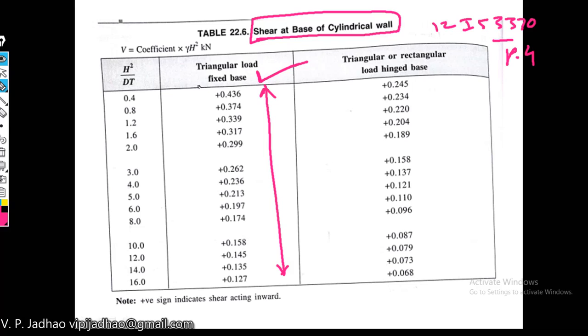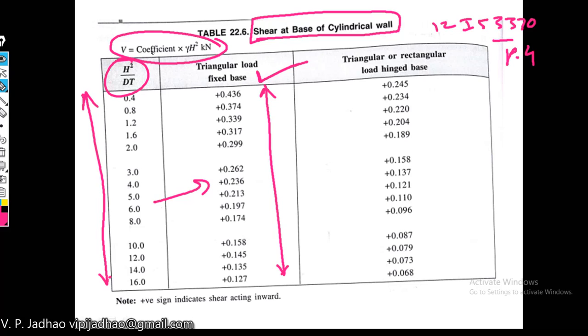You just calculate the value of h square upon dt, and based on the corresponding value you can get the coefficient and calculate the shear force using this formula: shear force is equal to shear coefficient c into gamma h square.